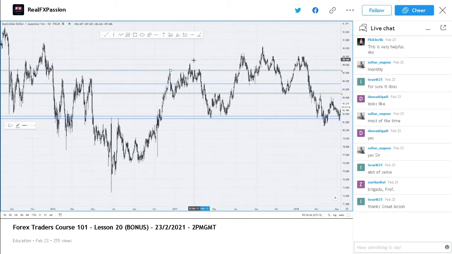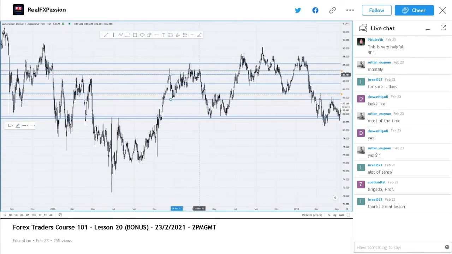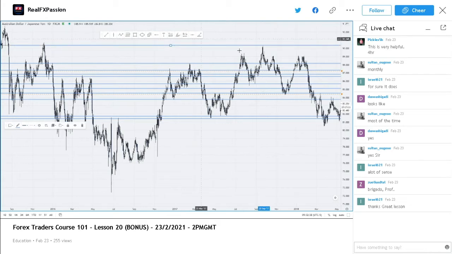And of course, you would have 3,000 support resistance pivot points more. Why is that? Because the smaller the time frame, the more swings, the more highs and lows we are going to have. Yes or yes, everybody? Do you understand this?